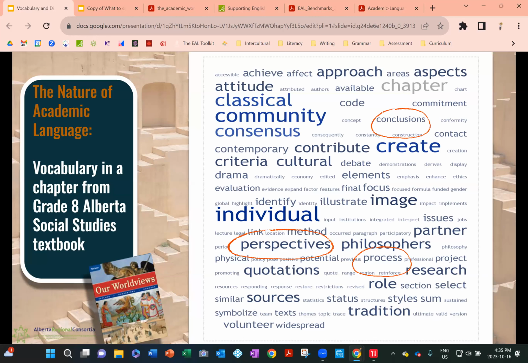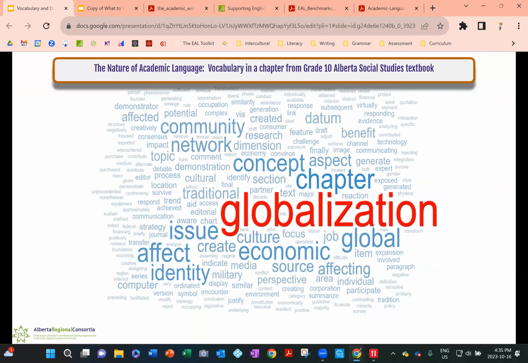This is just from one chapter from the grade 8 science or social studies textbook. So we're getting conclusions and perspectives and process, and more as we're building on. And then this is just grade 10. So this is just the academic vocabulary from a grade 10 textbook.